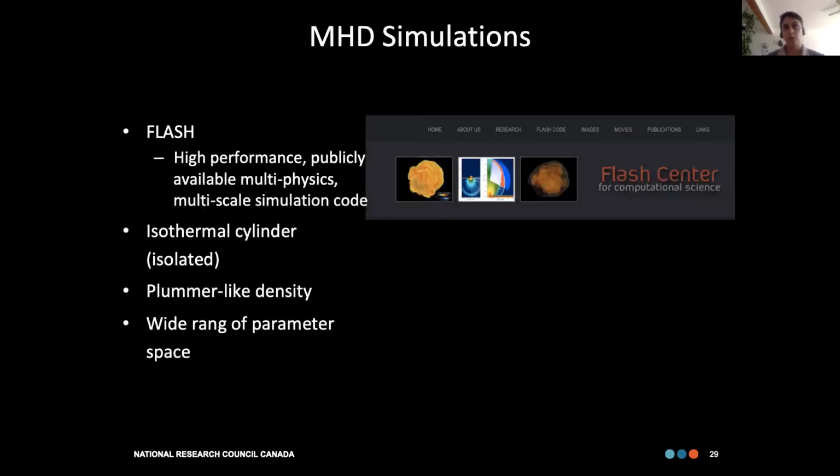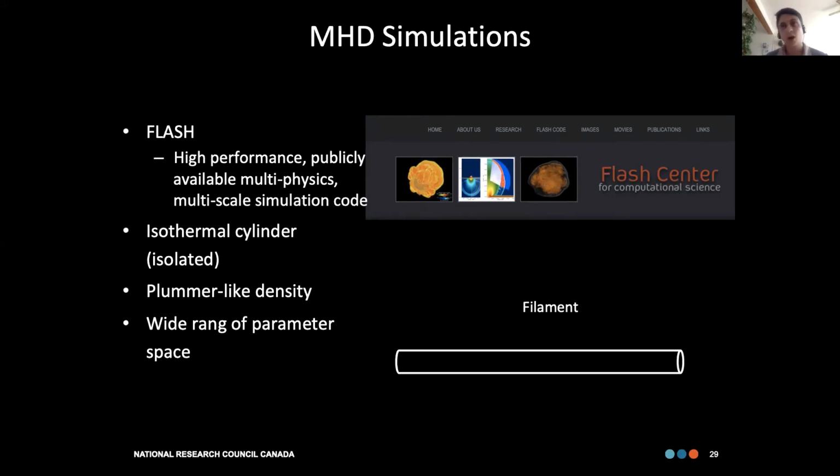For that, we used magnetohydrodynamic, or MHD, simulations, and I used Flash, which is a high-performance, publicly available, multi-scale, multi-physics simulation code. We simulated an isothermal cylinder representing our filaments. And we assumed a Plummer-like density profile for the filament, so the density drops as a function of radius away from the main axis of the filament.